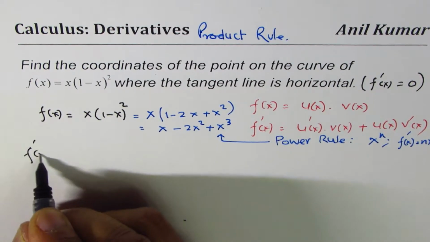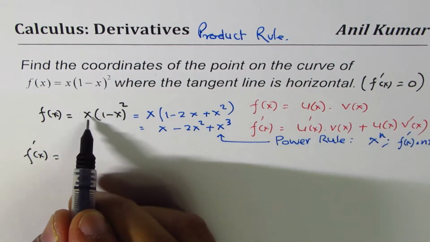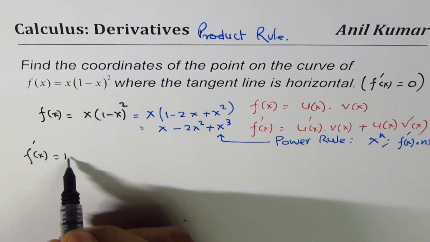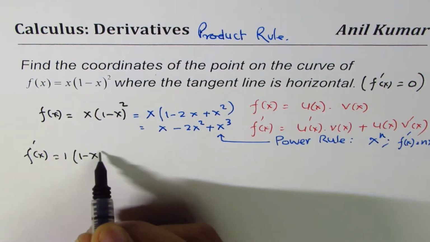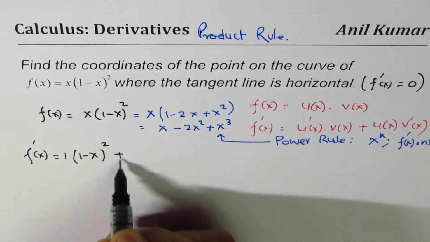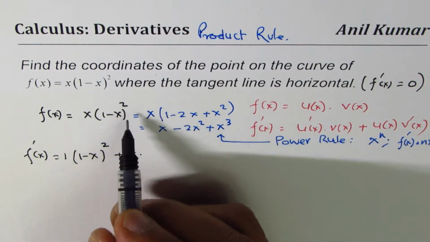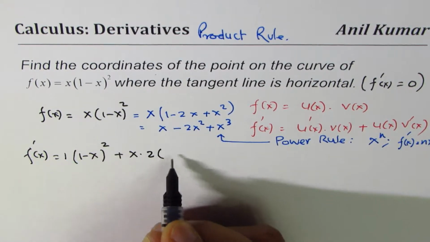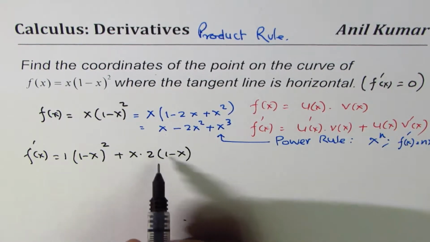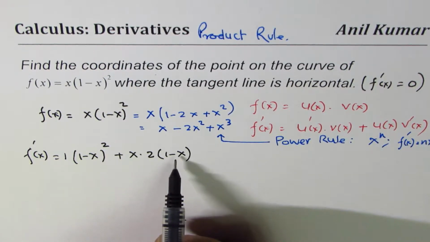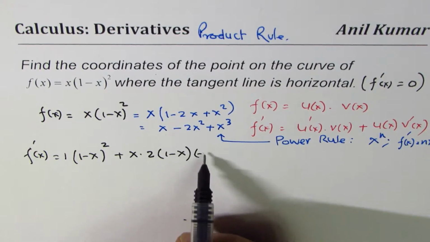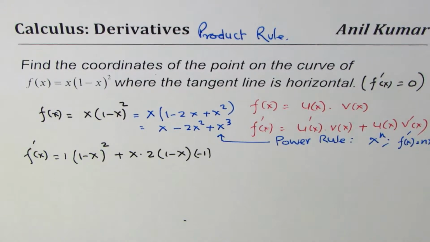So f dash x, the derivative, is: derivative of the first function is 1 in this. Let me write 1. Plus the function x times derivative of this. So 2 times (1 minus x). Now we have to write derivative of the inside function also, which is minus 1. So that is kind of critical to understand.